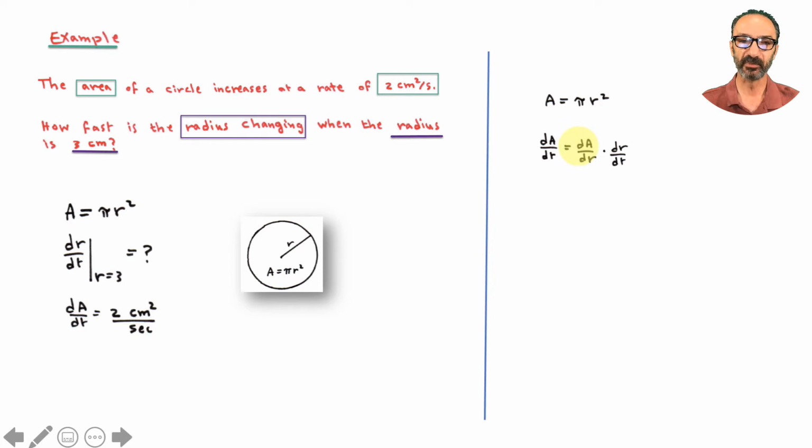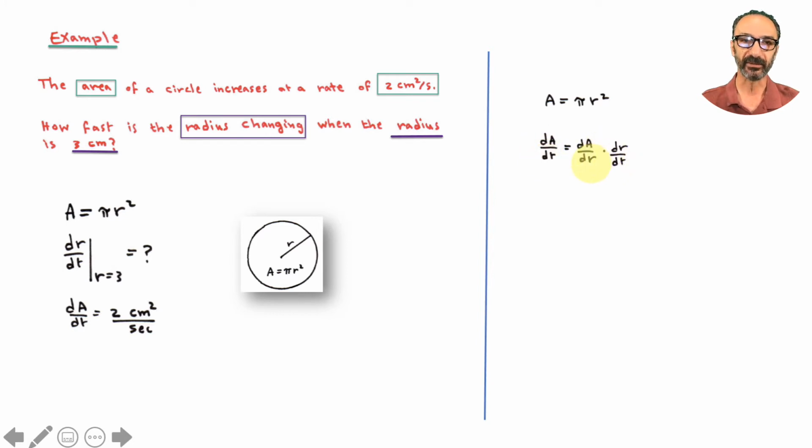Earlier in the previous problem, we went straight to the variable t. So we went dA/dt. Here, we did not include this idea. But anyway, this right here is true. If you think about canceling dr, I get dA/dt, as you could see.